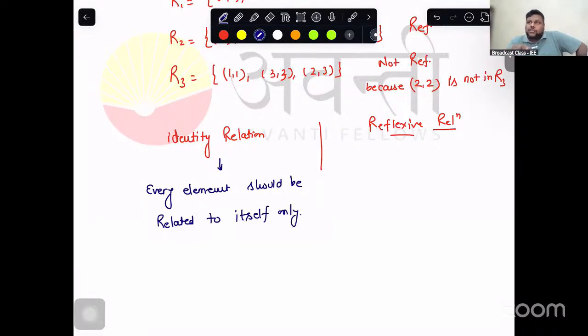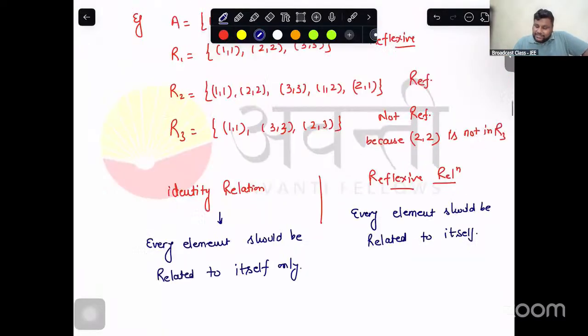Like there should be (1,1), (2,2), (3,3) only. And here, every element should be related to itself, but the word only is not there.